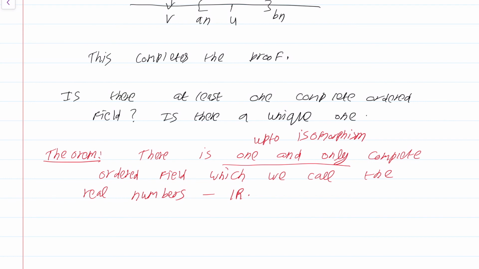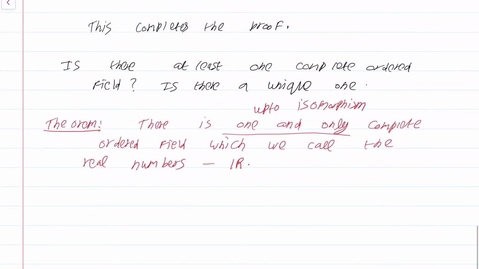One final point to address. We have produced a complete ordered field. It certainly does not have any holes. But our aim had nothing to do with completeness or ordered fields right at the beginning. All we wanted was this real line. When you put the rational numbers in the real line, there are holes.